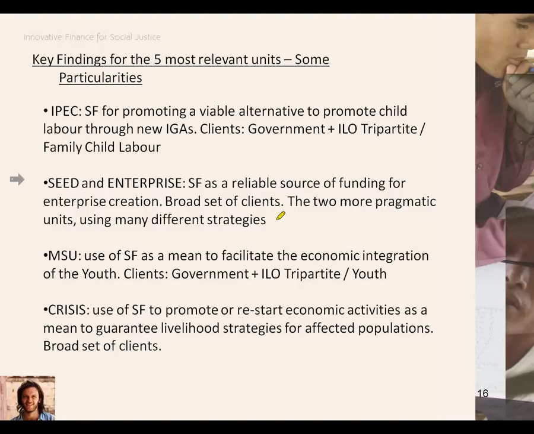In the case of MSU, social finance was a means to facilitate the economic integration of the youth, and of course, in terms of clients, they only target the youth. And in the case of Crisis, the use of social finance was seen as the best way to promote or restart economic activities as a means to guarantee livelihood strategies for the affected population, and they include a broad set of clients.